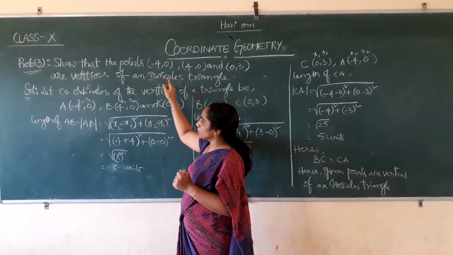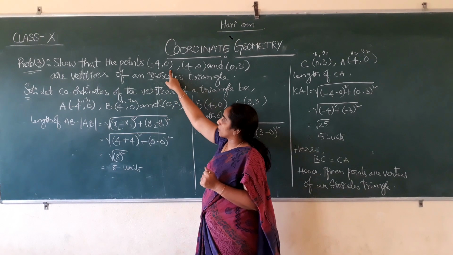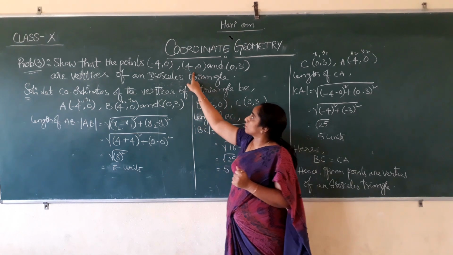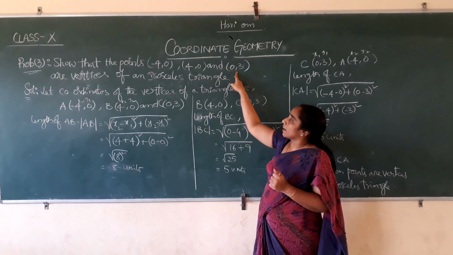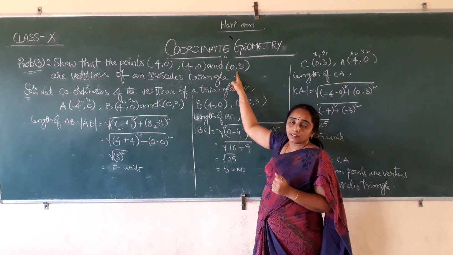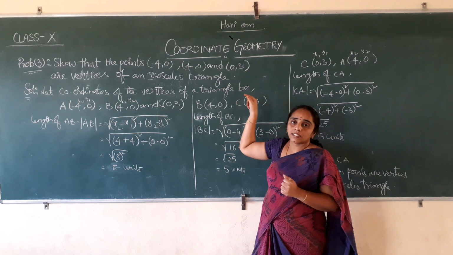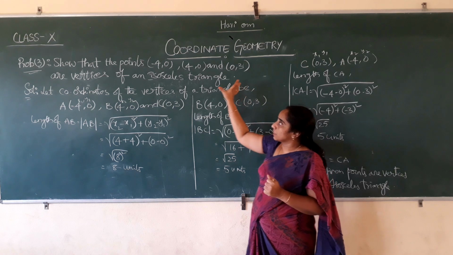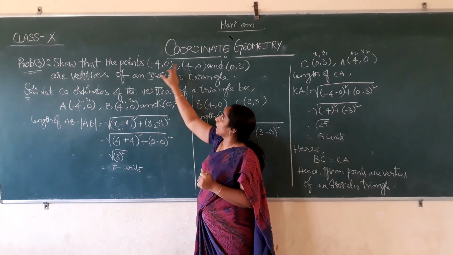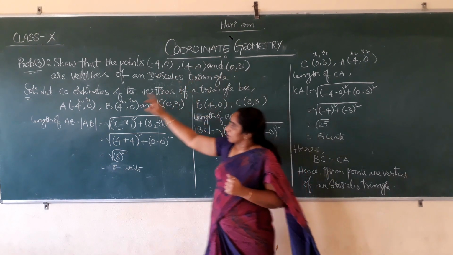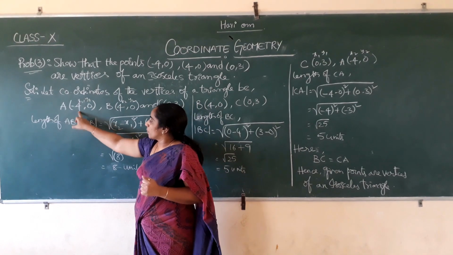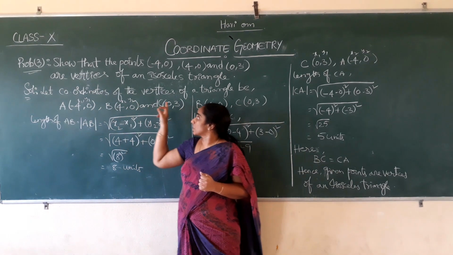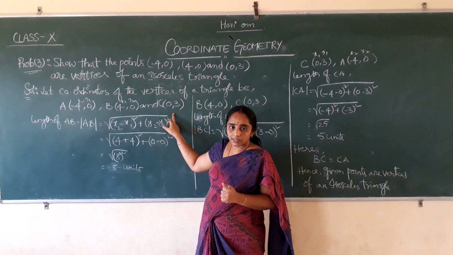Here, assume A as (minus 4, 0), B as (4, 0), C as (0, 3). Meaning these three are the vertices of a triangle. A is (minus 4, 0), B is (4, 0) and C is (0, 3).